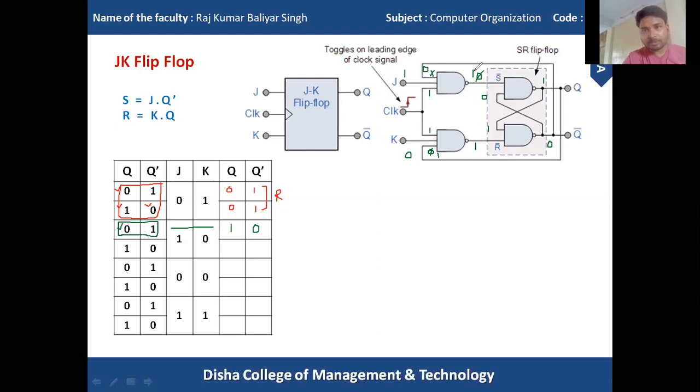Now this one is applied to this NAND gate, it will produce 0. Now this 0 is connected to this input of this NAND gate. Now this NAND gate receives two values, 0 and 1, then it will produce the result 1.